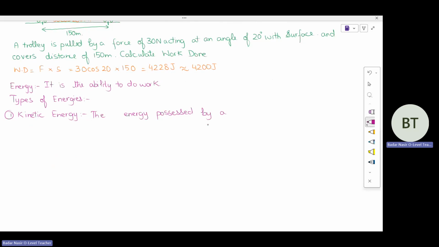So the energy possessed by a body or an object or a mass due to its motion. तो कोई भी object जो move करता है, it possesses kinetic energy. So energy possessed by a body due to its motion. अच्छा, so what is the formula for kinetic energy? Kinetic energy का formula क्या है? Half mv square.